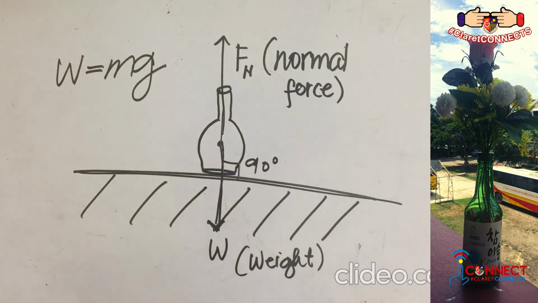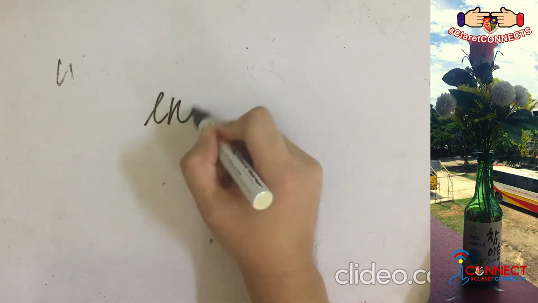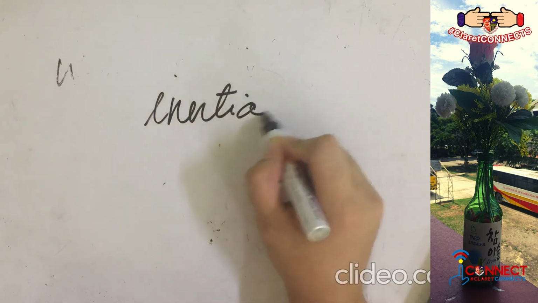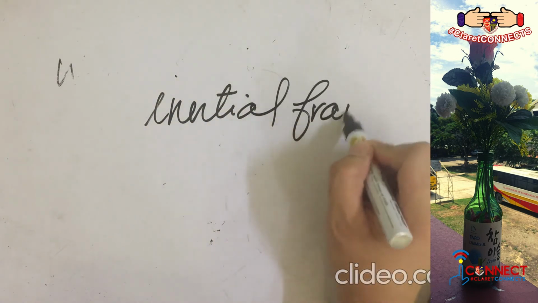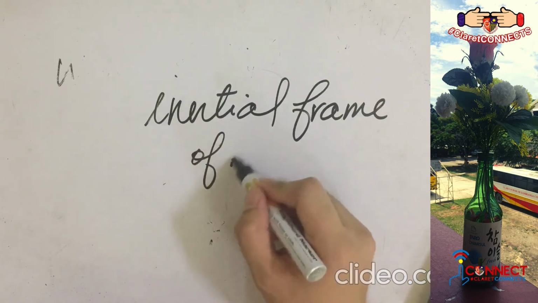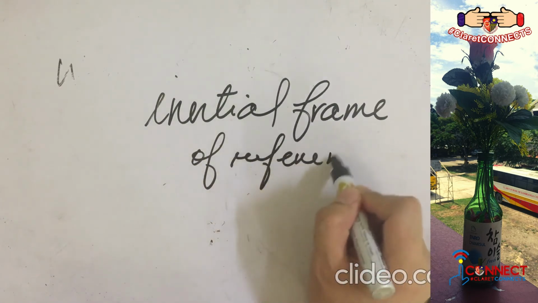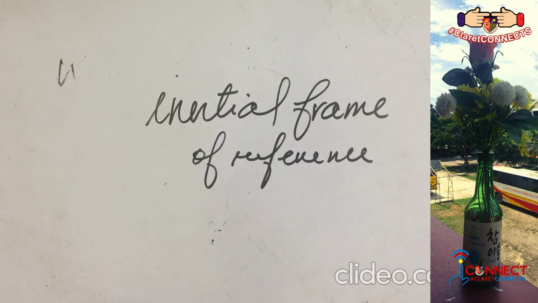When we talk of an inertial frame of reference, this is where all the laws of physics are applied. Hence, an inertial frame of reference is any point on the surface of the Earth or any surface where the object is experiencing inertia.